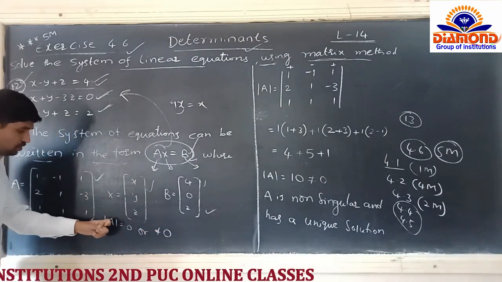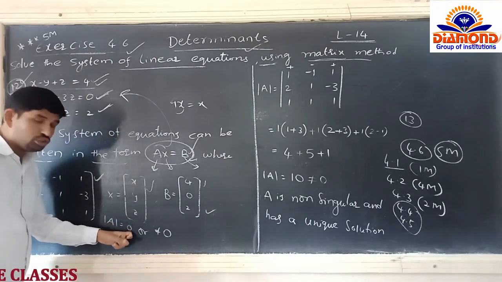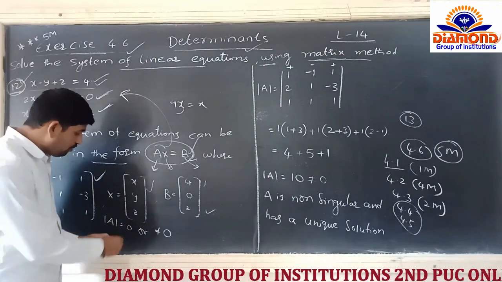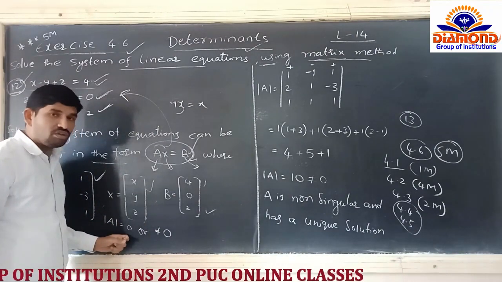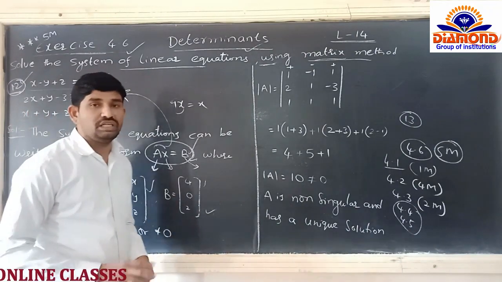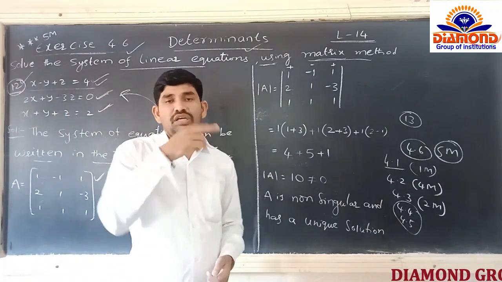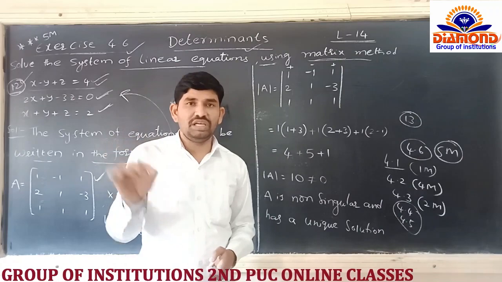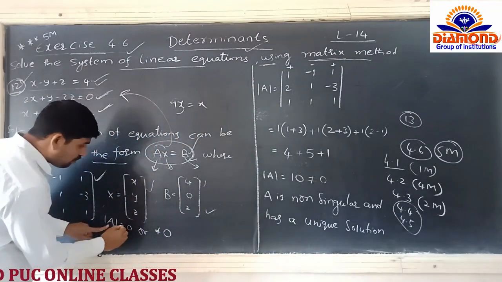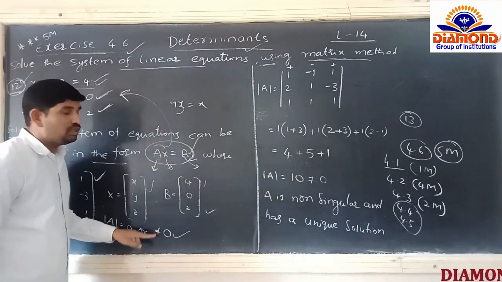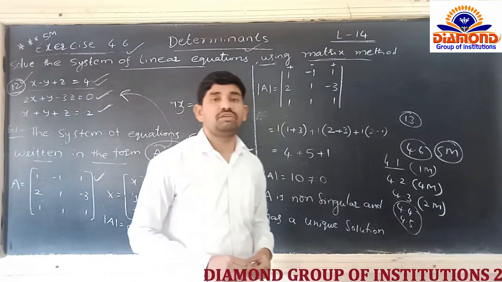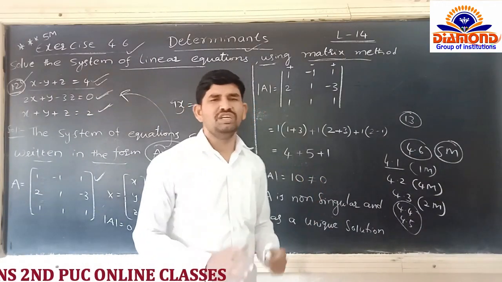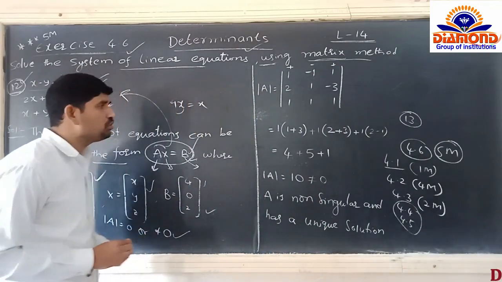Suppose the determinant of A is 0, again we have two cases: whether it is consistent or inconsistent, we have to check the adjoint of A into B. Now suppose we got the determinant of A not equal to 0, directly we can say the system of equations is consistent, having a unique solution. This is the way we are doing the solutions one by one.